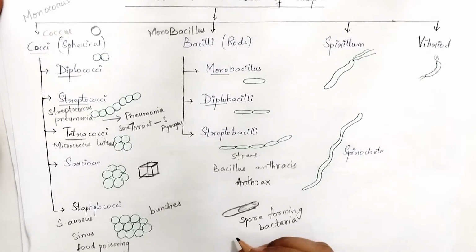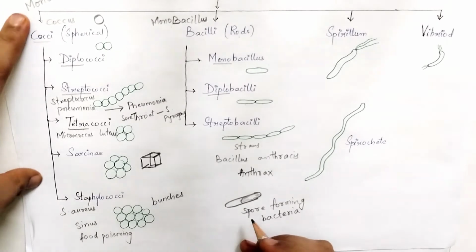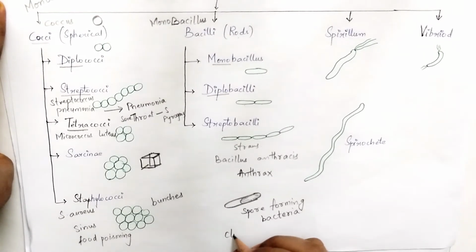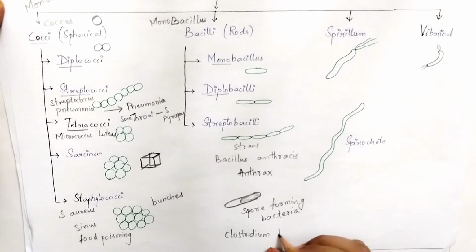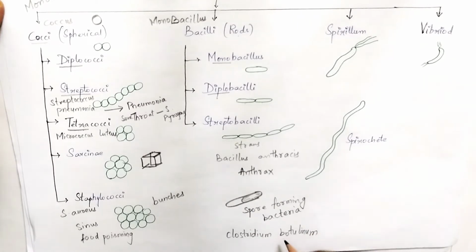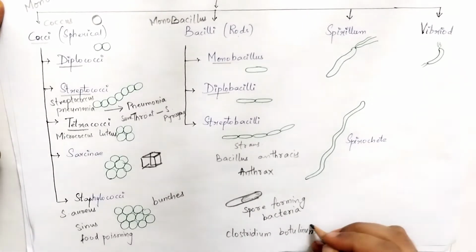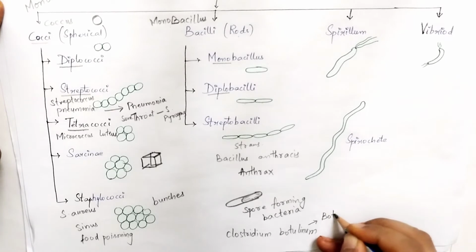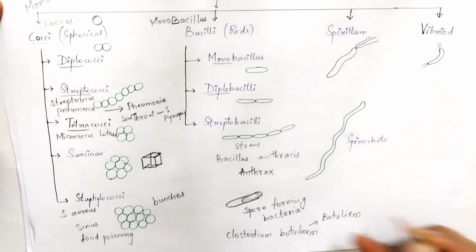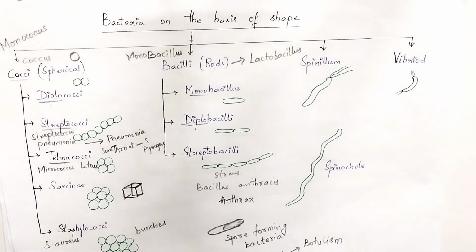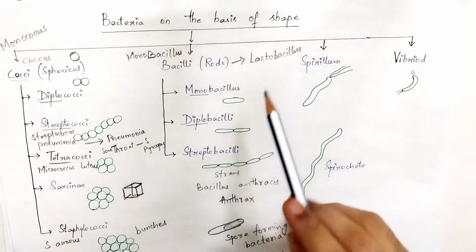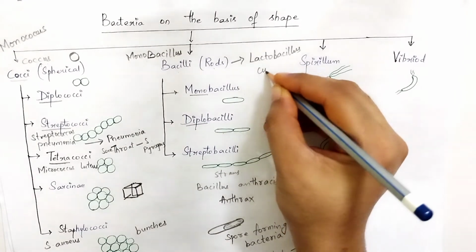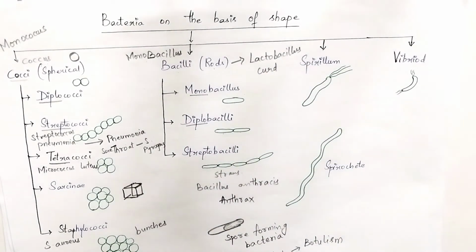The best example is Clostridium botulinum, which causes the disease called botulism. One more example for the bacilli is Lactobacillus, which is a beneficial bacterium, useful in the formation of curd.